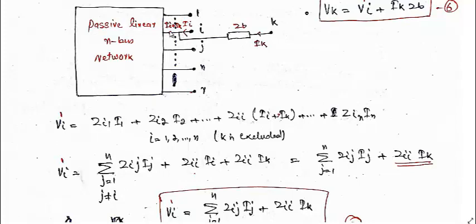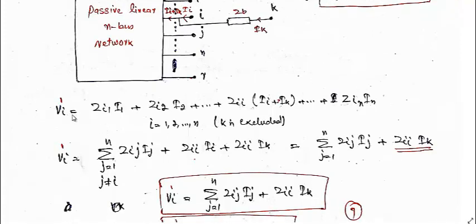They are added over here. So at the ith bus, the current is not II only, it is II plus IK, and so on up to ZIN IN. Here K is included because we are trying to calculate the rows of the Z bus, excluding the kth row. We'll derive the kth row separately.